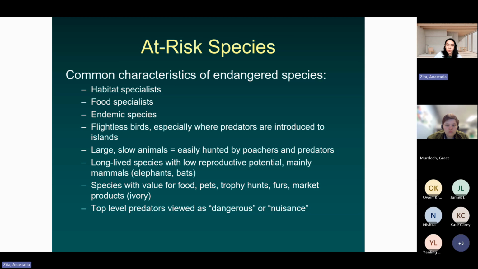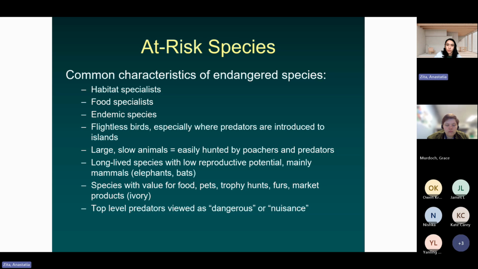Large, slow-moving animals are also at risk of being hunted by poachers and predators. Very long-lived species with low reproductive potential, particularly mammals like elephants, are also more vulnerable to those threats.